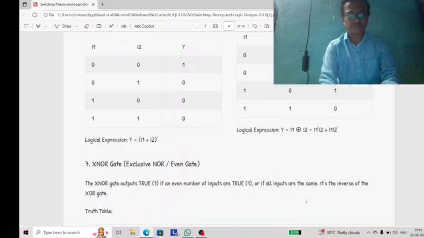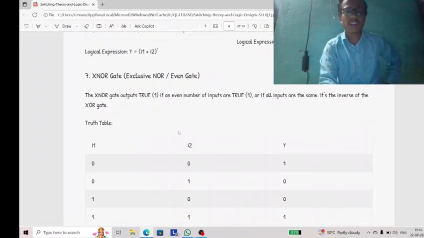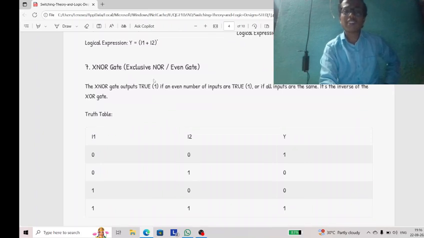The last basic logic gate is the XNOR gate. The XNOR gate is also known as exclusive NOR or the even gate. The XNOR gate outputs true, 1, if an even number of inputs are true, 1, or if all inputs are the same. It is the inverse of the XOR gate.